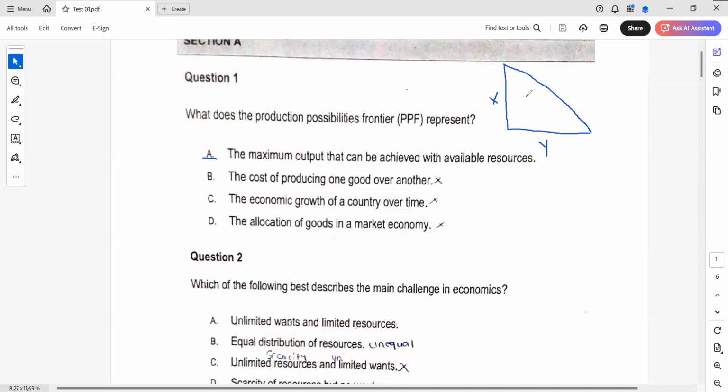Given that our resources are used fully and efficiently. The economic growth, no. The allocation of goods in the market, no. So the correct answer is what? Is A. The maximum output that can be achieved with the available resources. Right, let's move on.